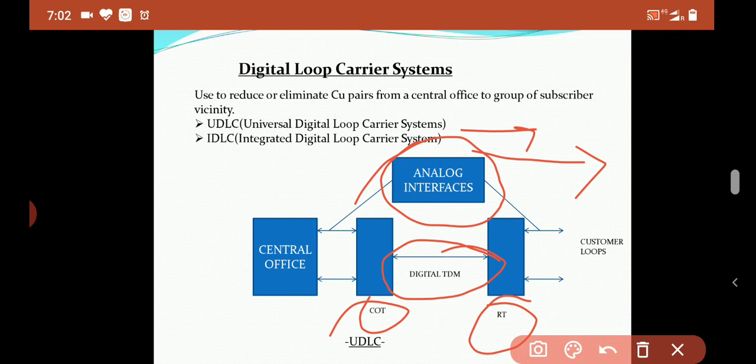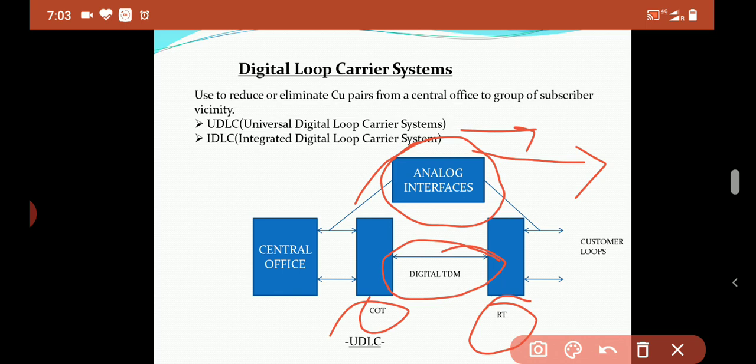It is a multiplexed digital transmission link between the COT and RT, and can be wired pair or fiber. Means we can connect COT to RT by using optical fiber, copper cable, and so on. Then each interface of the COT is paired with a corresponding subscriber interface at the RT.